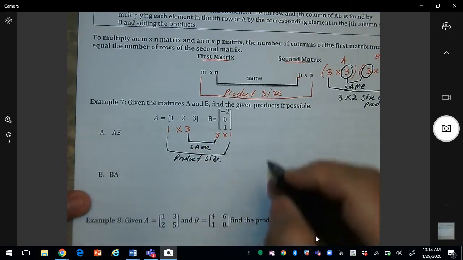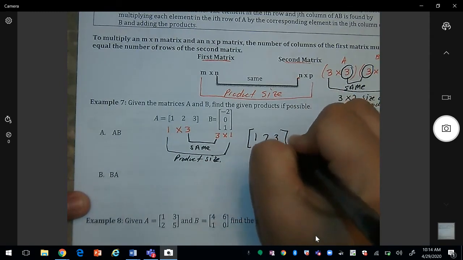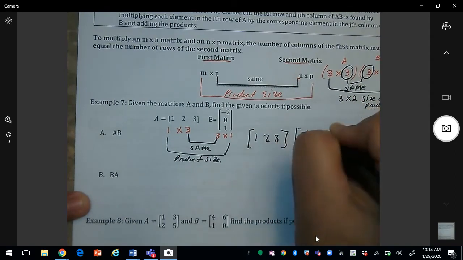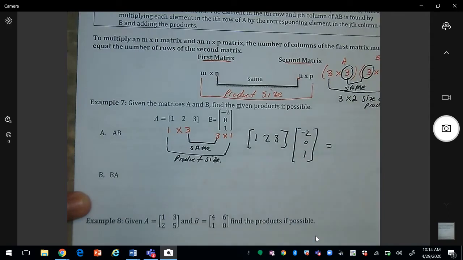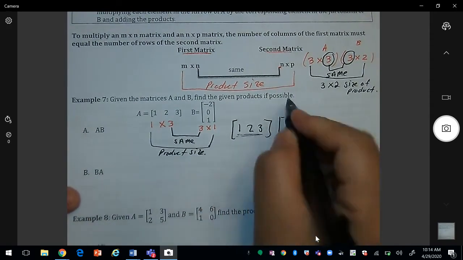Okay, so I'm going to go ahead and write the two matrices here, 1, 2, 3, and we're multiplying this times negative 2, 0, 1. Okay, and so first we look at the first row with the first column.